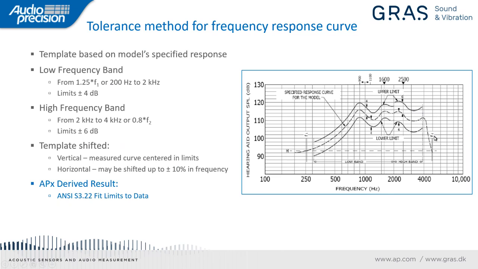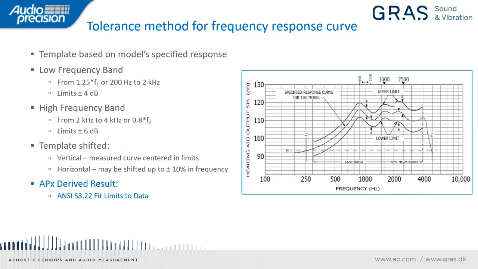Now, this is a template, and the way the standards are written, it's from the past when people would use transparencies, and the idea was you would print out the measured curve of the device. You would have a transparency containing the limits based on the model curve, and you would overlay the transparency on top of the curve, adjust it vertically until the measured curve is centered in limits, but you were also allowed to adjust it horizontally by up to plus or minus 10% in frequency to see if the measured curve fits within the limits.